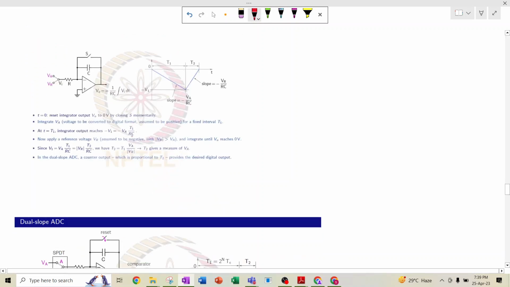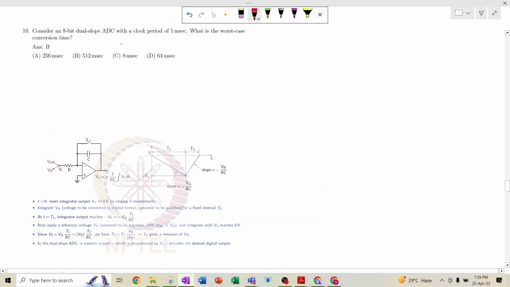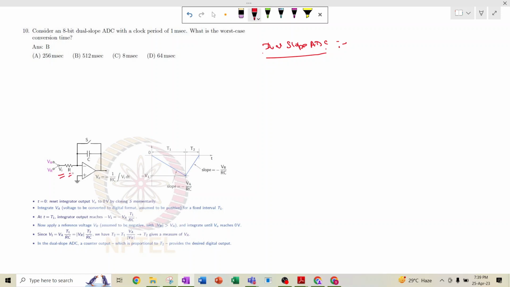Okay, so you have to understand how this dual slope ADC works. It is a special type of ADC. So see one thing, here we have an op amp, and here a capacitor is connected across it, and here it is VO output, and here it has some VI input, there is a resistance.